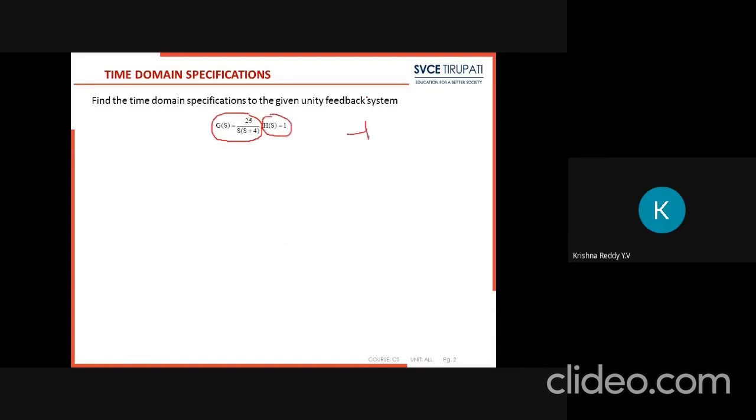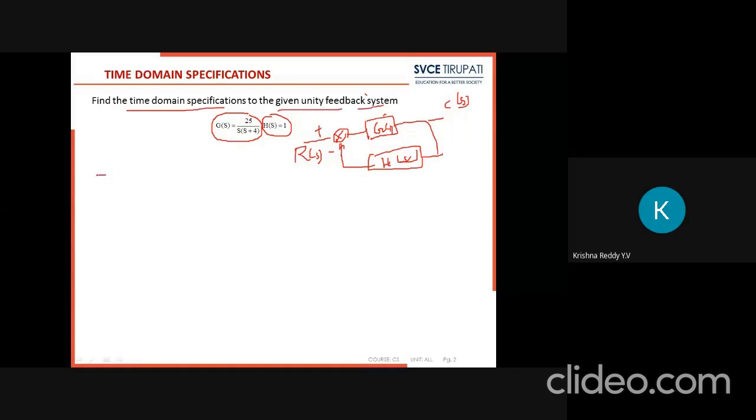It is a G of S having negative feedback with unity gain H of S. Here we are given the input R of S and the output C of S. Now we need to calculate the time domain specifications for the given unity feedback system.